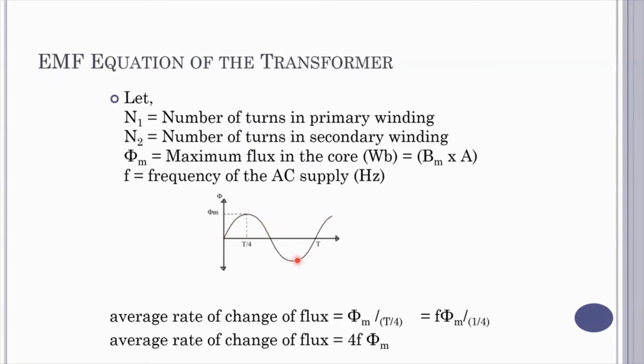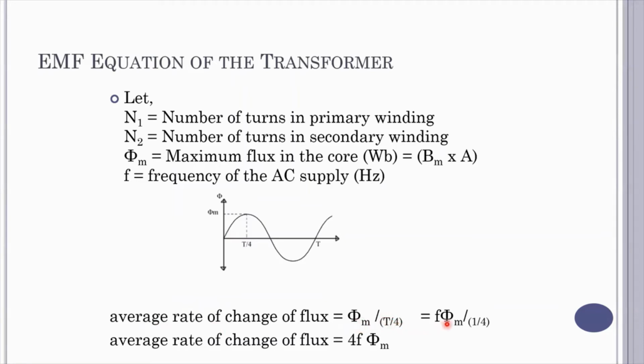So we have an alternating flux here, and this alternating flux takes a maximum value of phi m. And from 0 the flux goes to phi m within a duration of T/4. And hence, we write the rate of change of flux to be phi m divided by T/4.